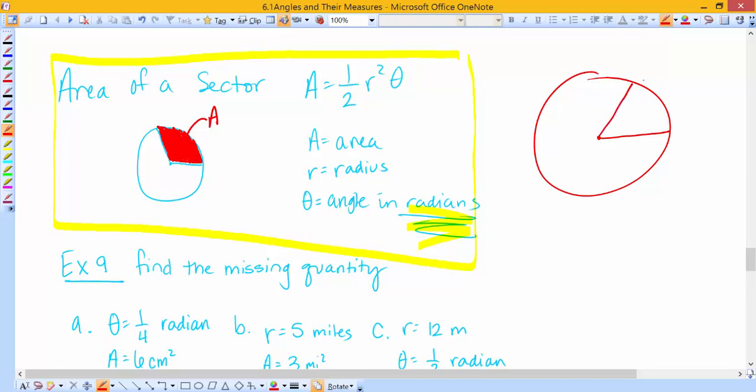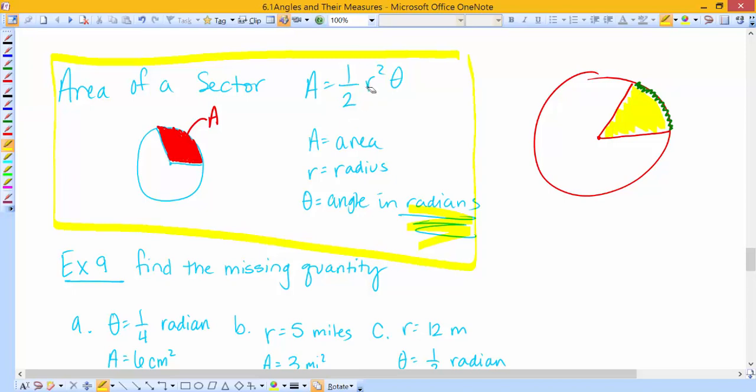Arc length, what we just did, was identifying the outside crust. Area of a sector is identifying the rest of the pizza. How big is that entire slice of pizza? So it's the whole thing. What is the actual area, the dough that is in that slice of pizza?